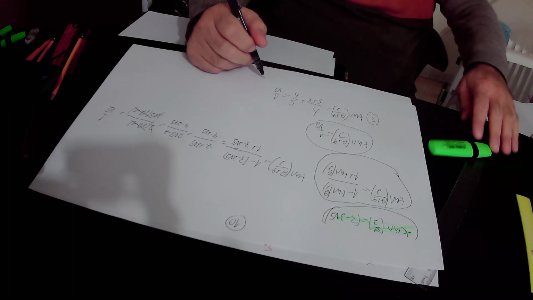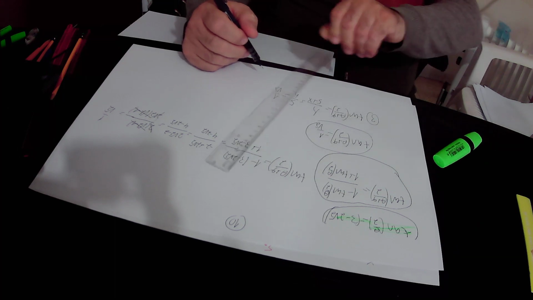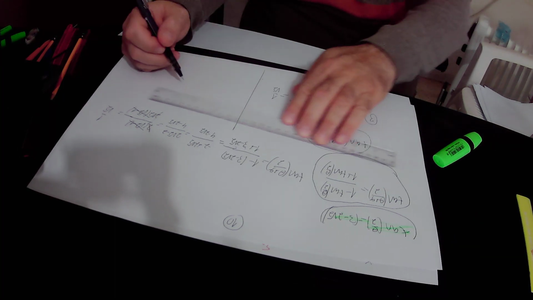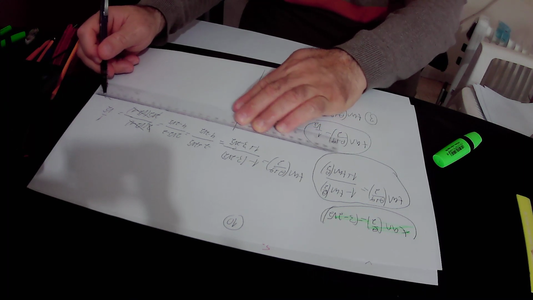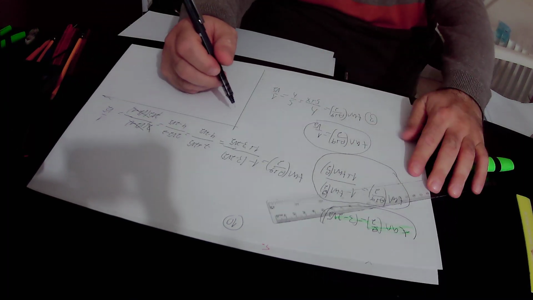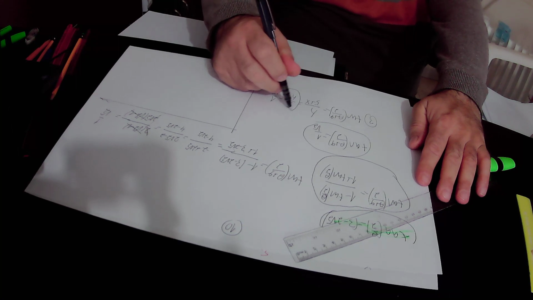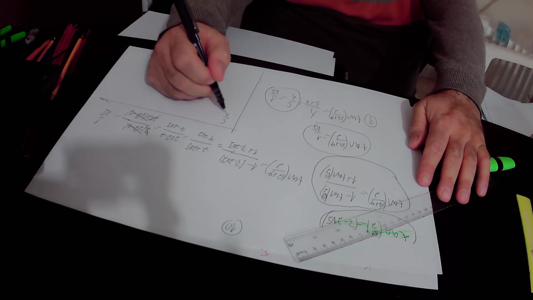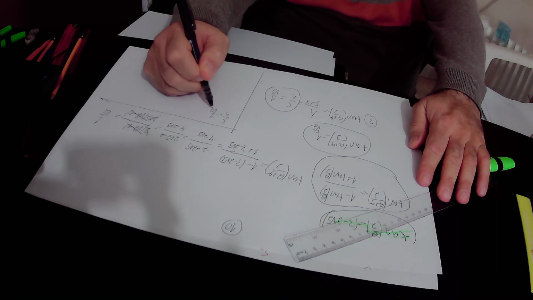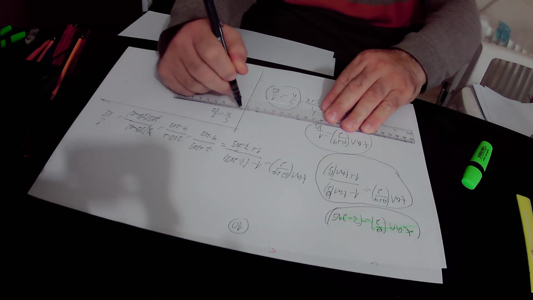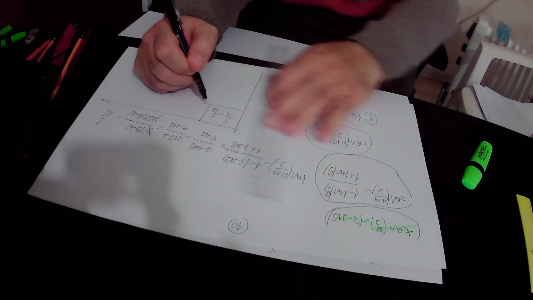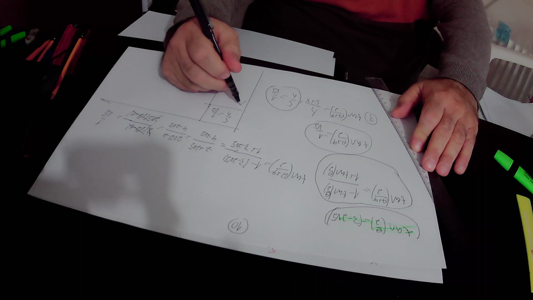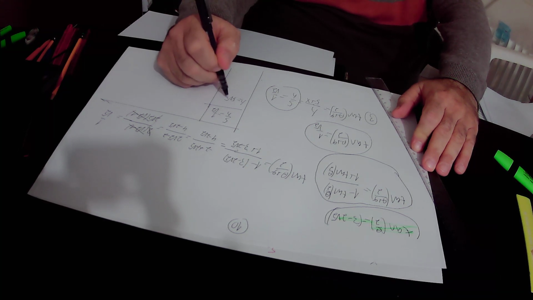So from equation number 3, we will derive the equation that 5 over h is equal to 1 over square root of 2. We will cross multiply this equation and we will get that h equals 5 times square root of 2.